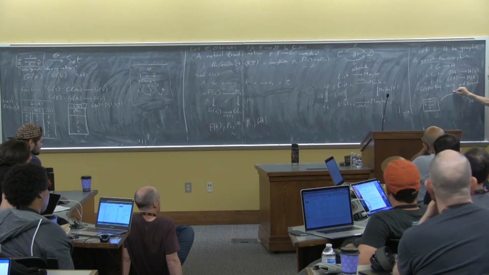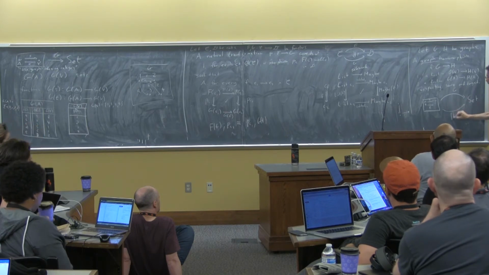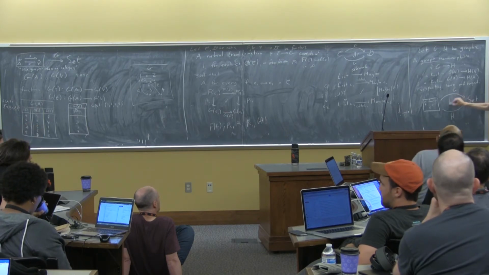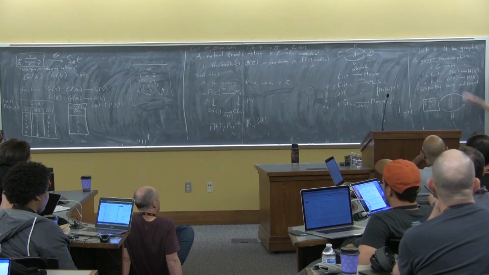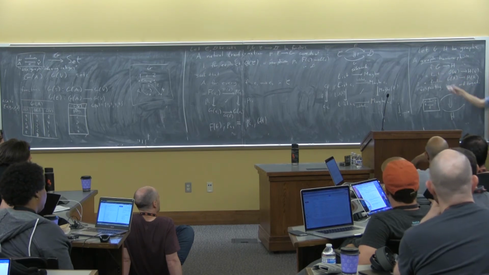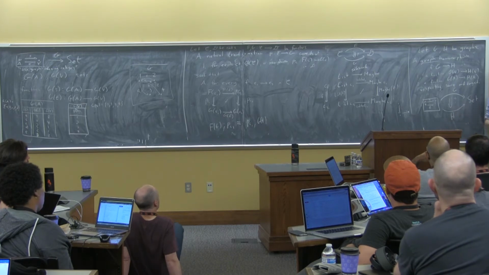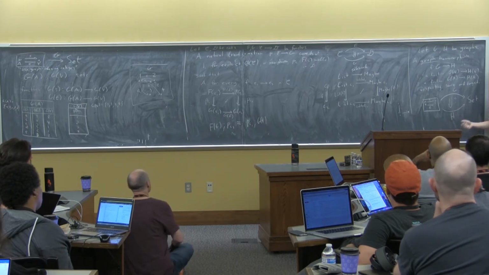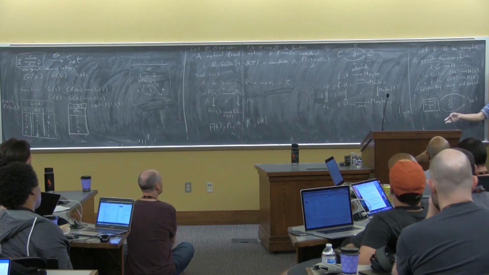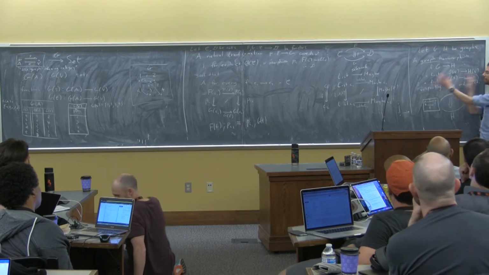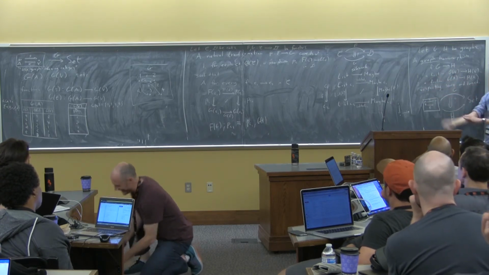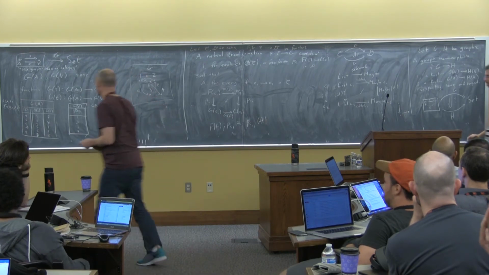I have G and I have H. Is it the case that this F thing with this data is exactly the same as a natural transformation, or is one more general than the other, or are they completely incompatible? So as an exercise, talk to your neighbor about anything you can to get yourself to this question, and ask this question. Okay, I'll give you 5 minutes to do that.